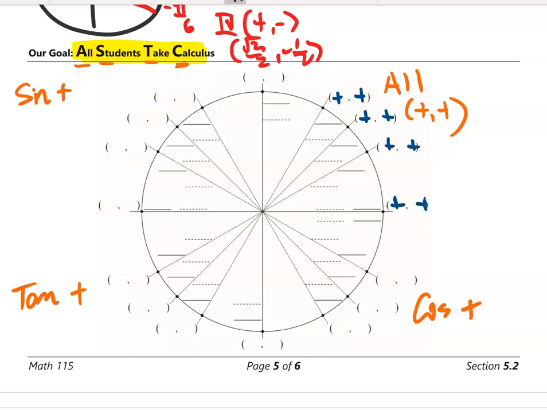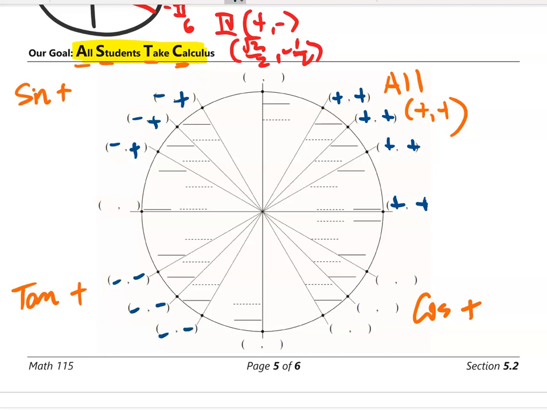For sine, meaning the y values are positive, and the cosine here negative. Tangent is positive. Tangent is sine over cosine, or y over x, meaning negative over negative is positive.